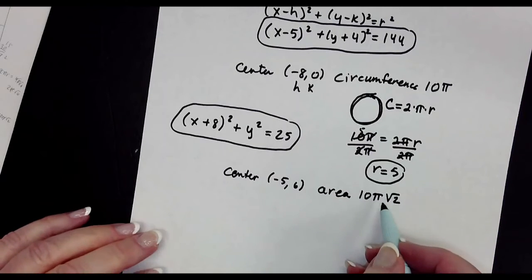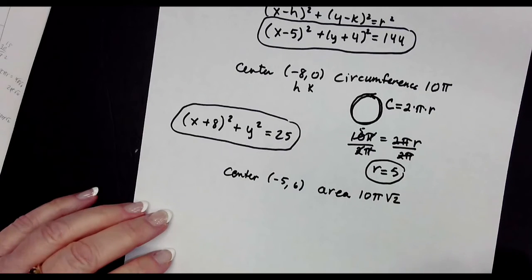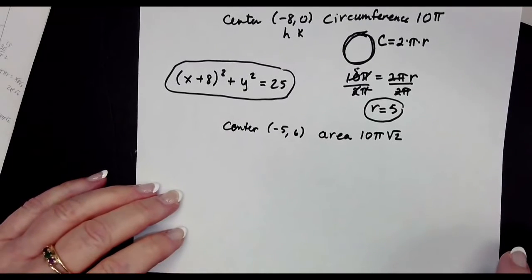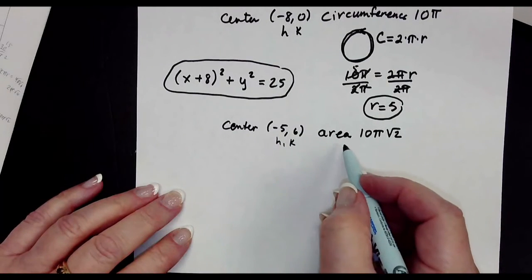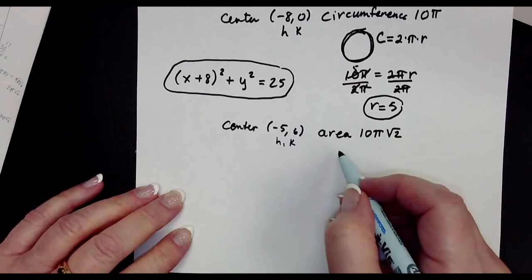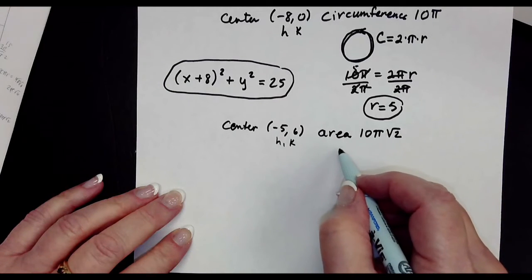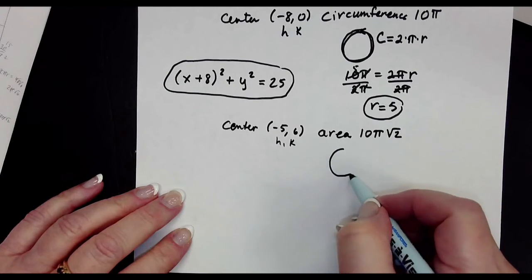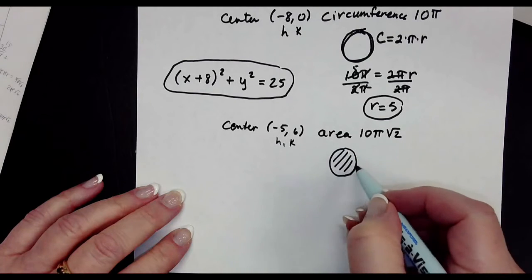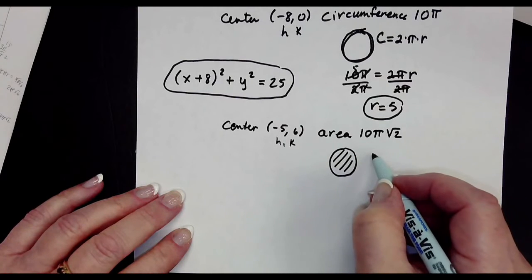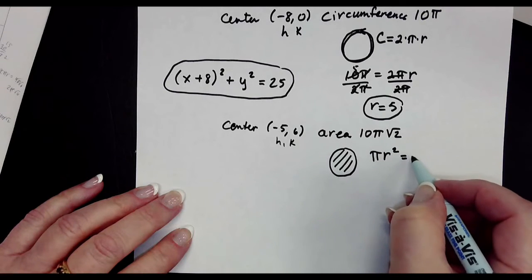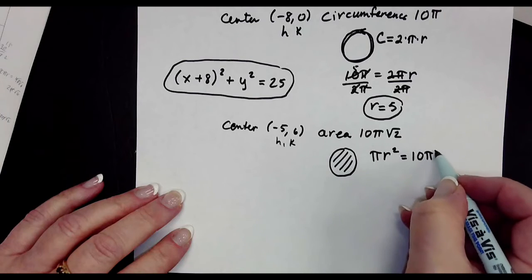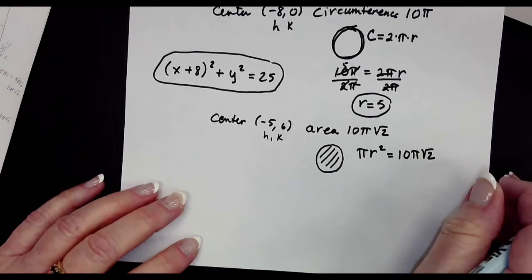Now, this one looks a little more ominous because we have that square root of 2 in there. But we still have h and k, and we know the formula for area. So we know area of a circle is as if it's coloring the circle in, right? That would be the area. So we know area is pi r squared. So we're going to set it equal to the 10 pi square roots of 2, right?